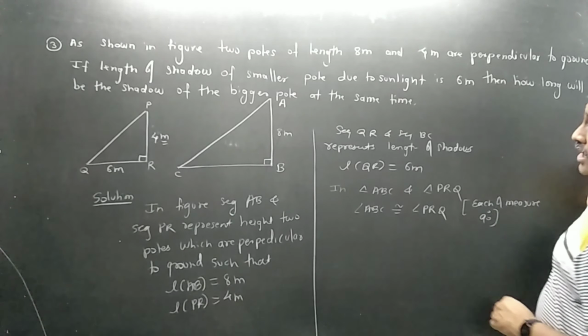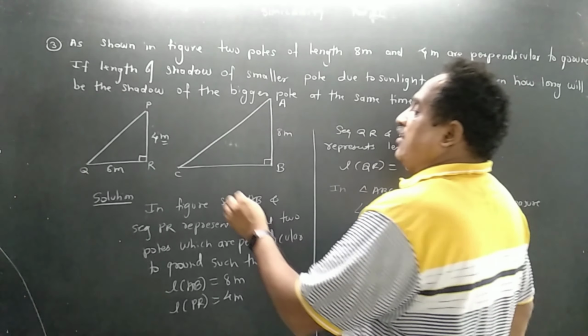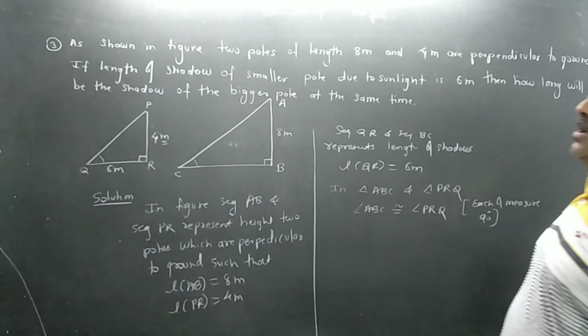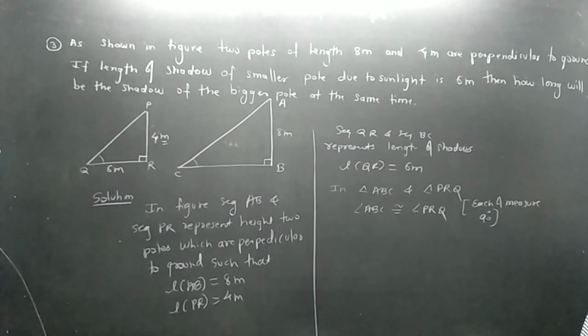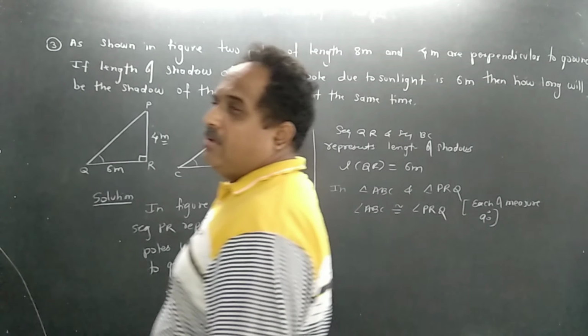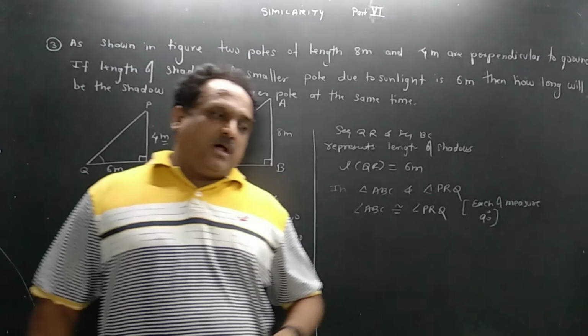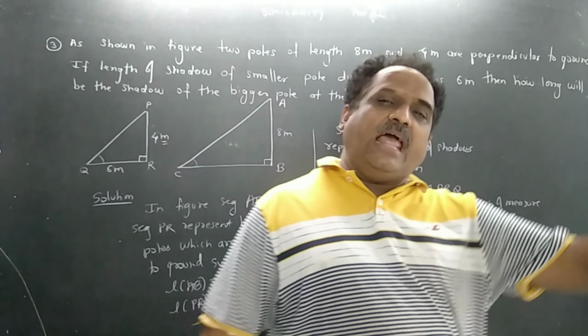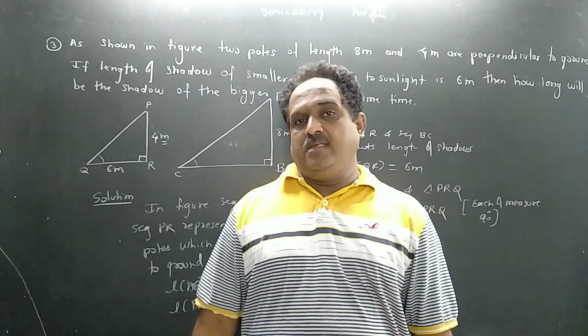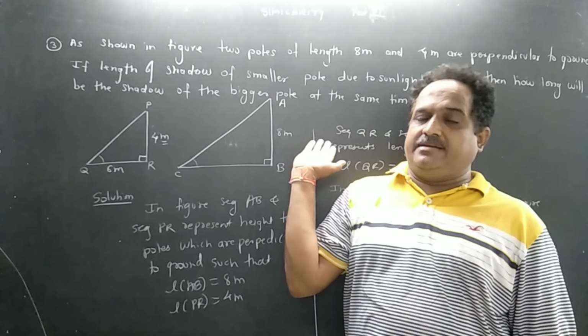And these angles are also congruent. A reason I'll tell you. See, in morning time, our shadow will be very lengthy and will fall on the west side because the sun is on the east side.